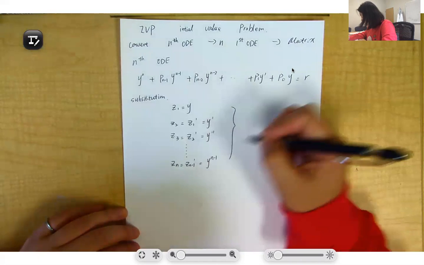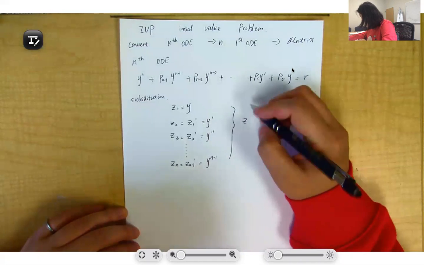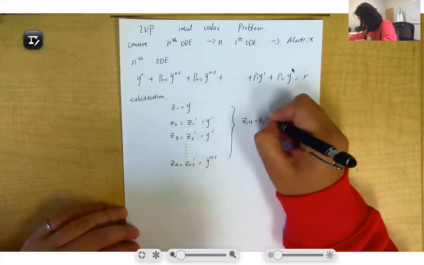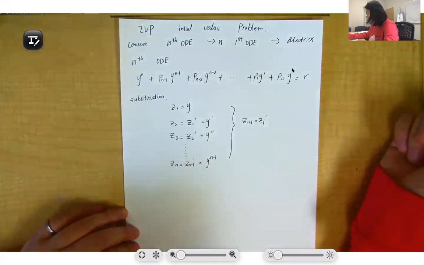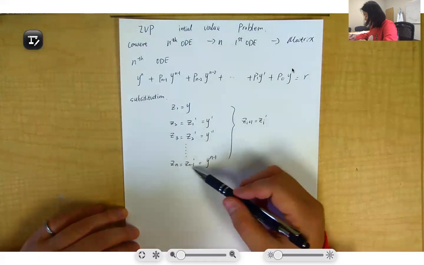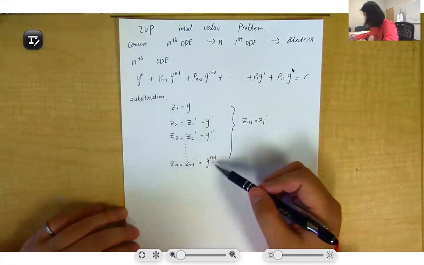In general, we can write z_{i+1} equals zi prime. And for the last part, zn equals z_{n-1} prime equals y^(n-1).